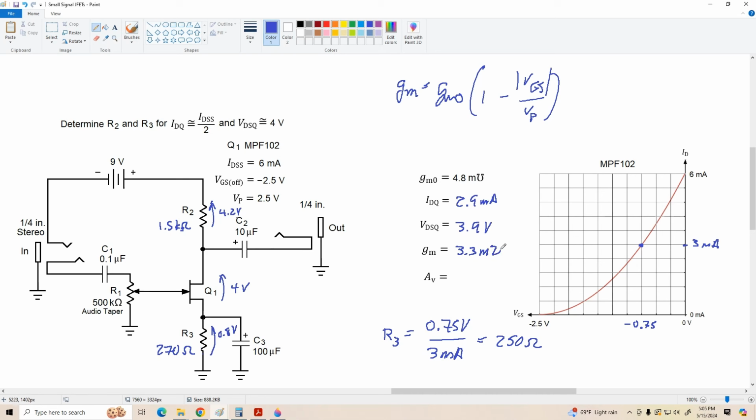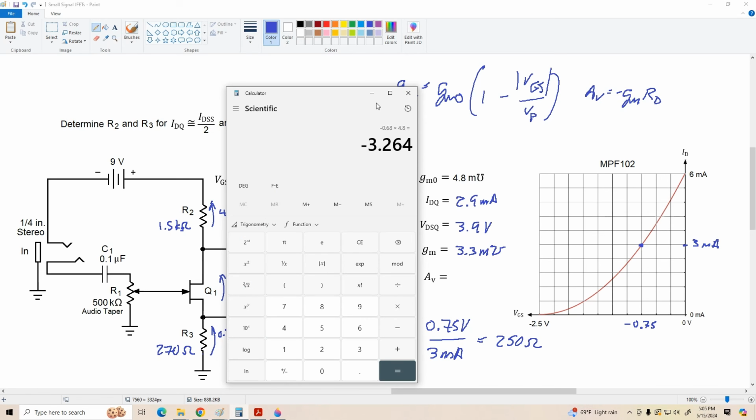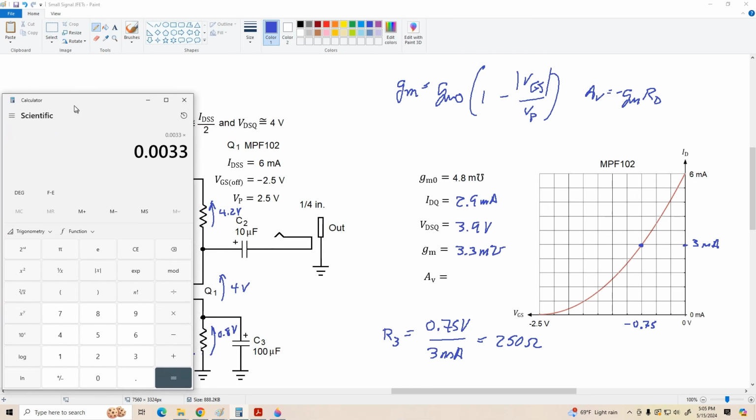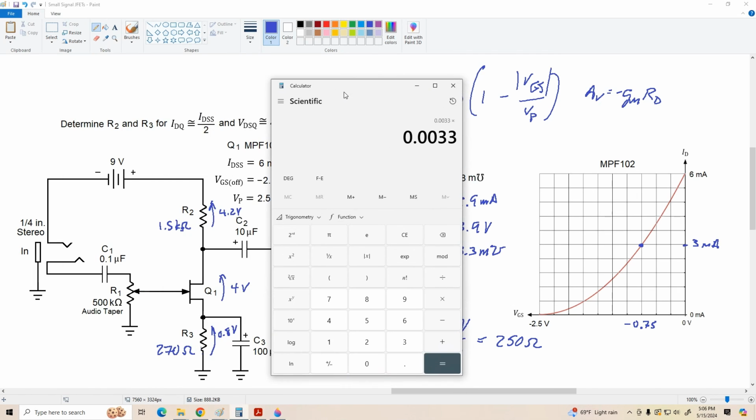3.3 millimhos. And since we don't have an external load on this circuit, R prime D is just 1500 ohms. So AV equals negative GM times RD for this circuit. We've got a GM of 0.0033 times our drain resistor, 1.5K, 1500.